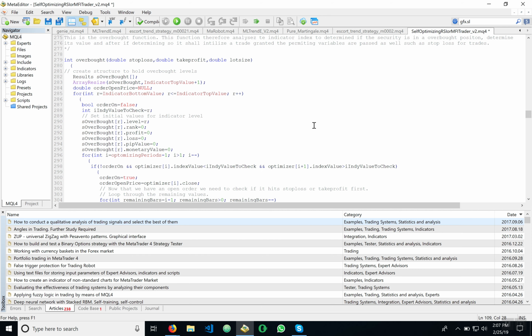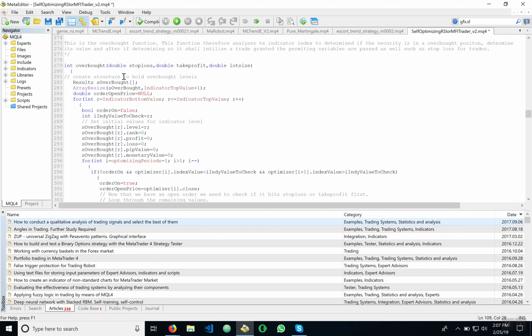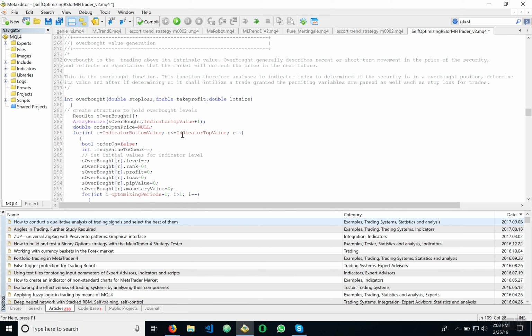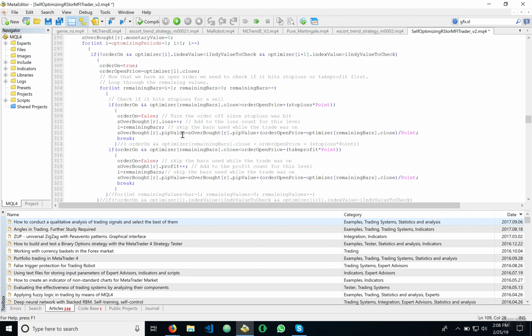It creates a structure at first, as we can see here, to hold overbought levels. It sets the initial values and ranks per overbought sections, and it then looks to see if there's an open order, and it checks to see if there's a stop loss or take profit first. It needs to check these variables before making trades.